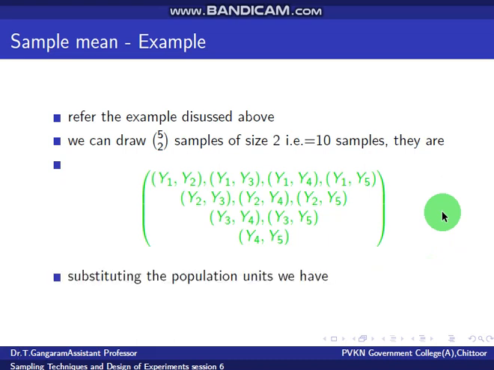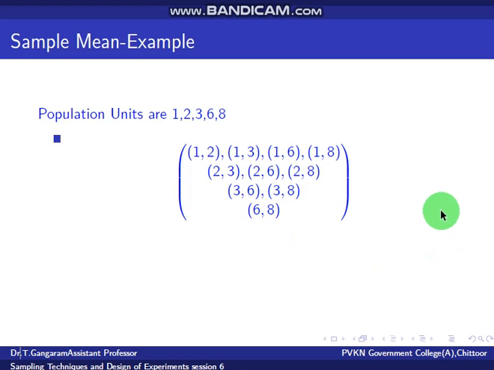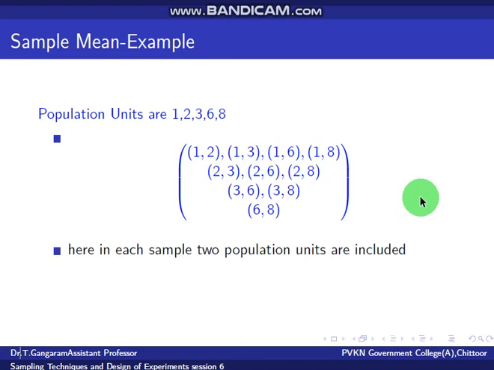Substituting the population values, we get this. These are in blue color. I am giving population units the blue color. This means that they are not different values; they are population values only. The first sample is 1, 2, then 1, 3, then 1, 6, like that. These are the 10 samples.